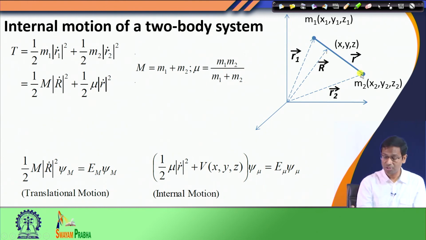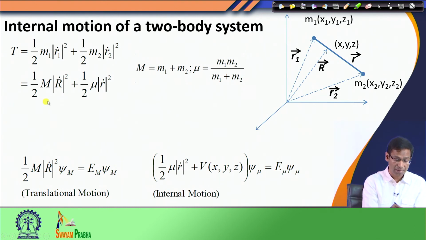The internal motion will be reflected by this small r when the distance of the two masses changes, for example, when the two body is rotating or vibrating. On the other hand, the first term represents the overall translational motion of this two body system.